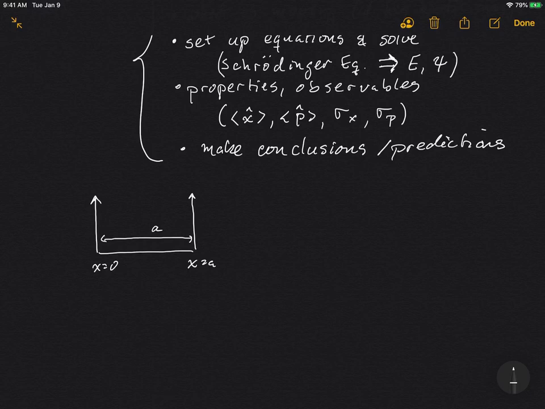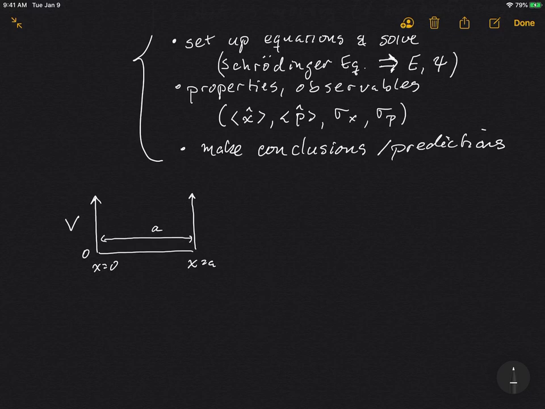Okay, there's nothing magical about a. It's just what we give to the size of the box. And I have these vertical arrows because I'm sort of plotting energy along the y-axis here, in that this represents the potential. And the potential is 0 inside the box, and then it spikes up to infinity at the edges.